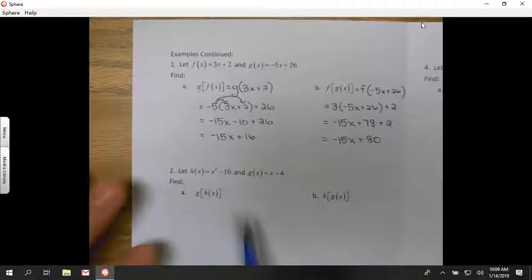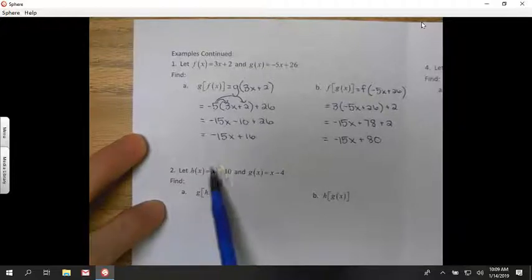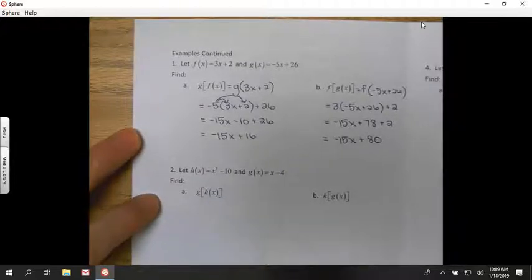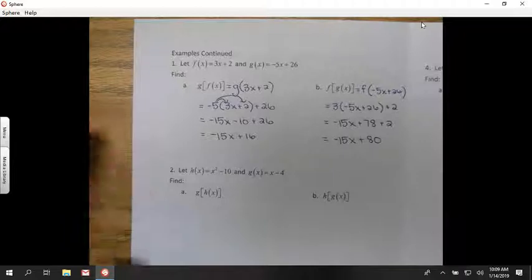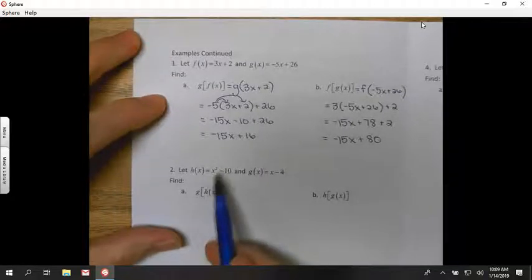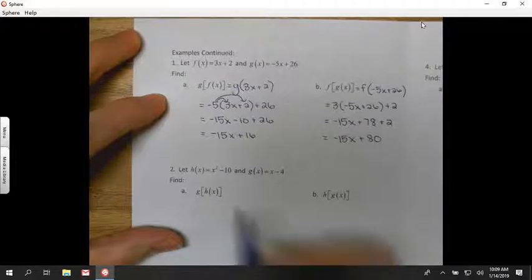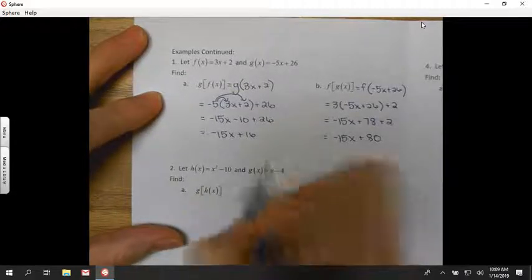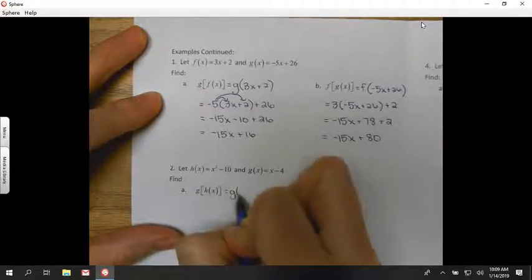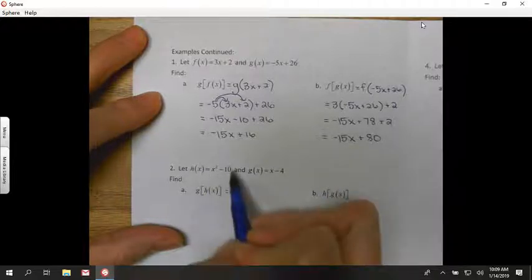Alright, let's try another one. This time we're going to have a squared in our equation, which doesn't change the process. I'm still substituting an equation in to my function, but when I square something, I do need to be careful of how I distribute that term. So right here, g of h of x, which is really g of, well, what is h of x?